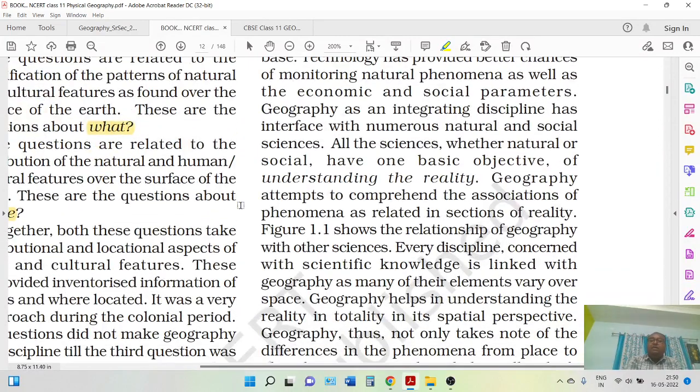Next, the objective of geography is to understand the reality. What is the real situation, and what is the interdependent situation going on. The present world is a global village, we all know. We are all global citizens now. If I want to go to America, London, New Zealand or Australia, I can go.